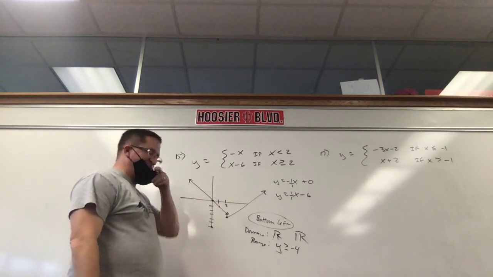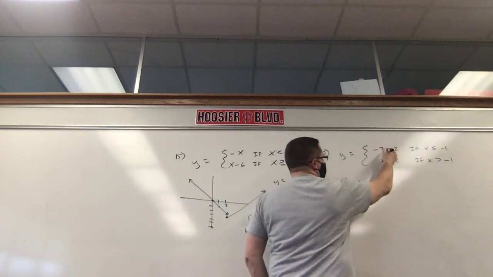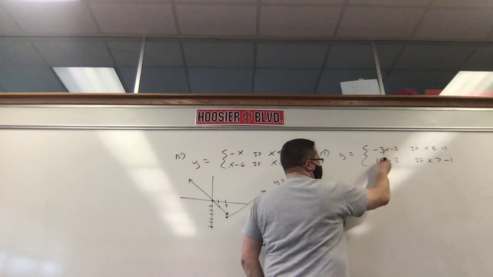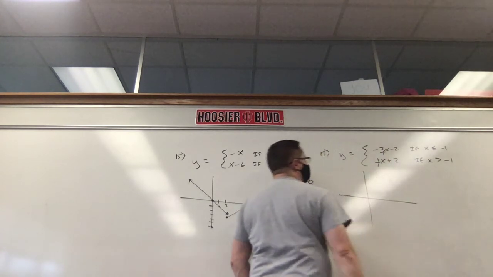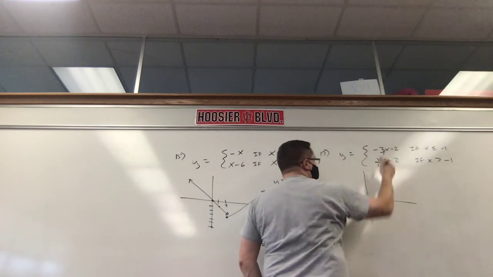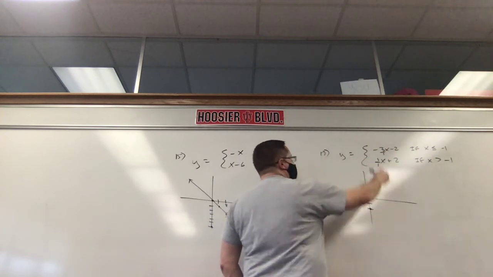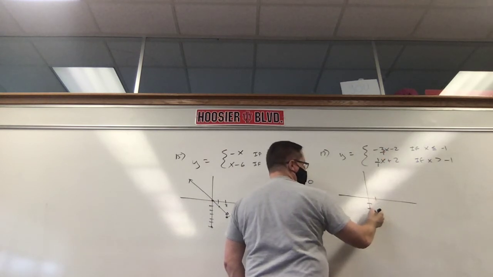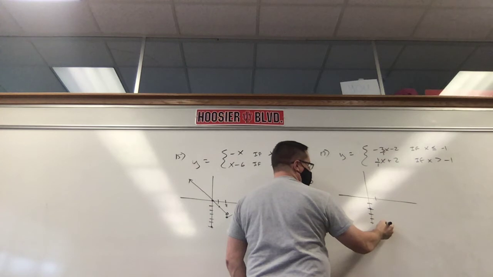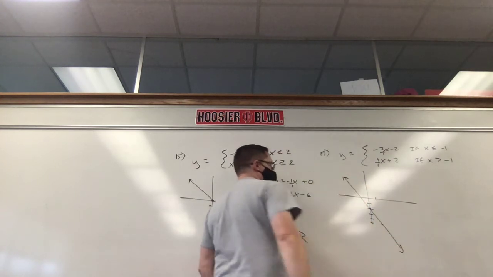I'm going to make this a fraction over 1, and this is a 1 over 1. So let's graph this thing. This first one, we're going to go down 2, put a dot, and our slope is -3 over 1. So from that point, we're going to rise -3 and run +1 and draw our line.